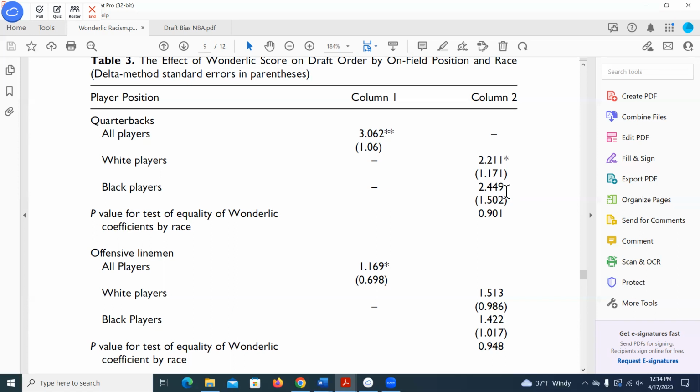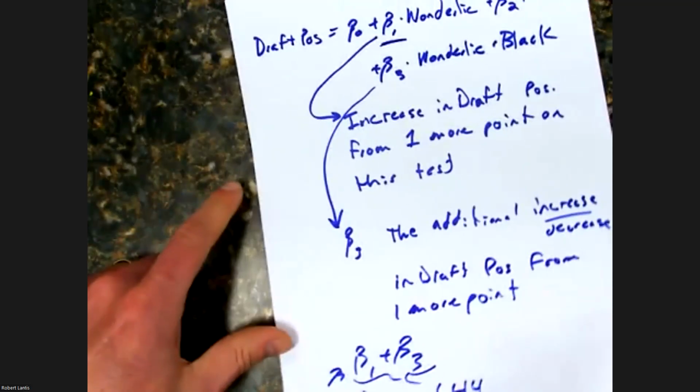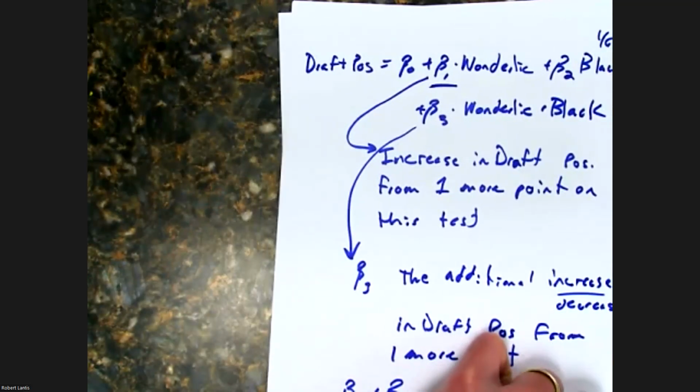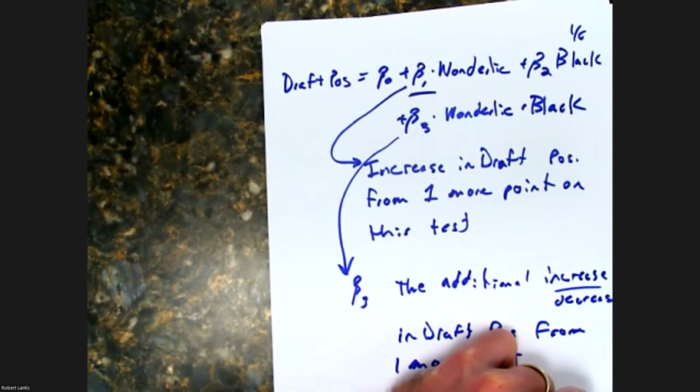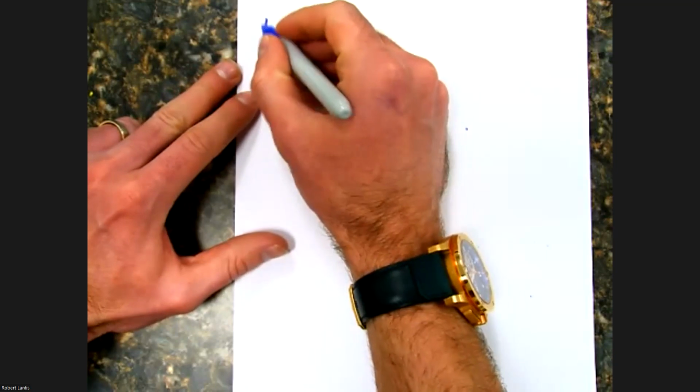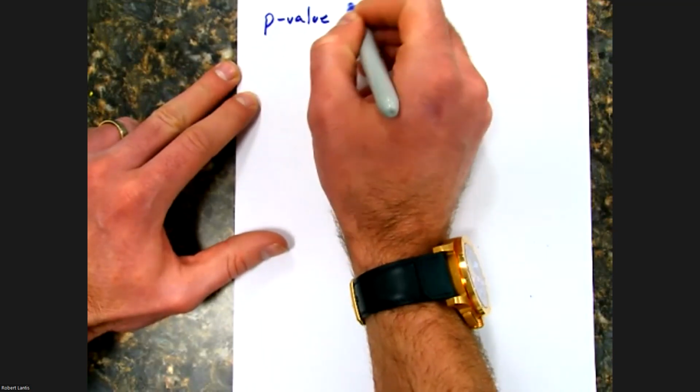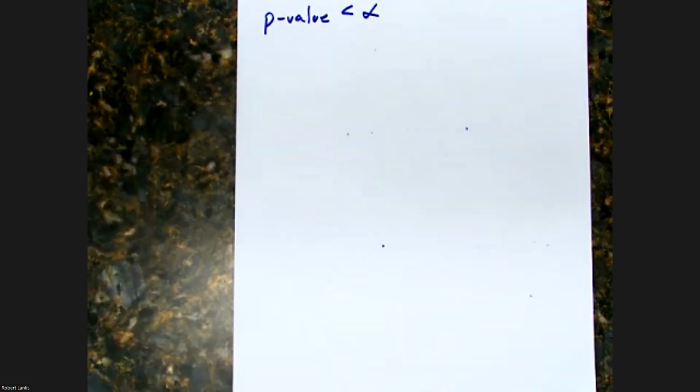But one thing to point out, and they don't show you the p-values here, they're giving you standard errors. So just as an aside, and this is a little bit more regression review than we probably had done recently, but I think it's worthwhile. We've always said we're determining significance if our p-value is less than alpha.